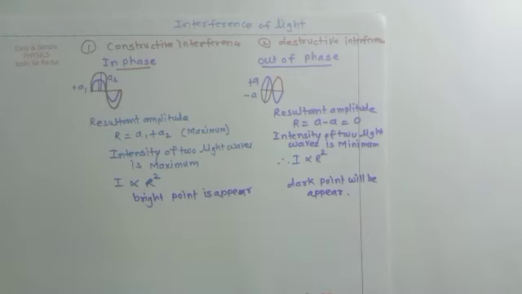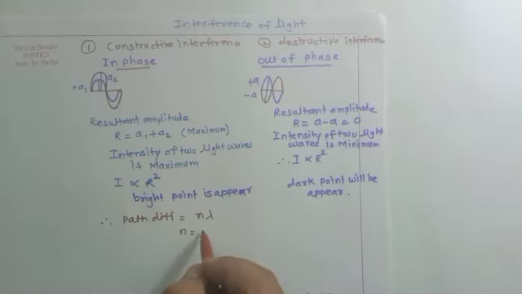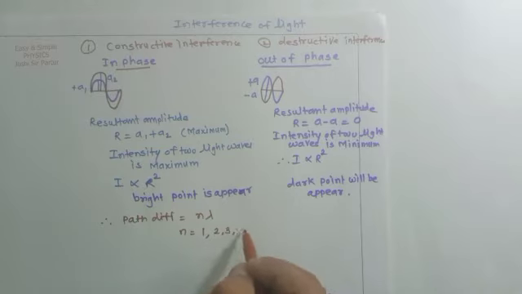So the condition for bright point or dark point: if path difference is an integral multiple of wavelength, that is n lambda, where n is equal to 1, 2, 3 and so on, then the point appears as bright.